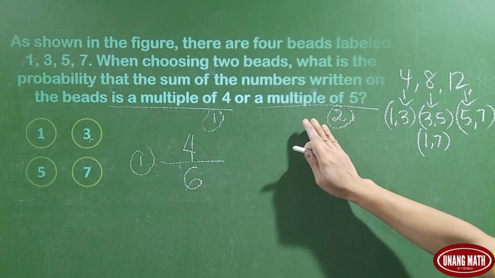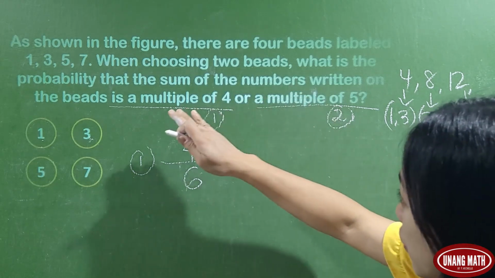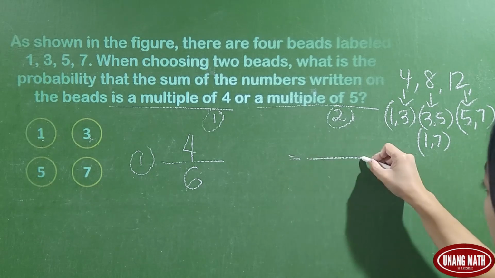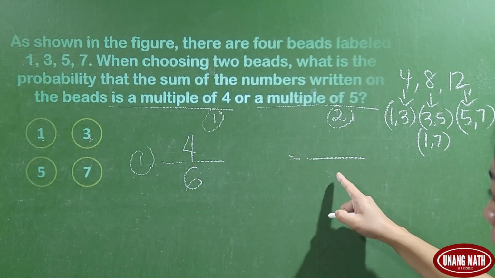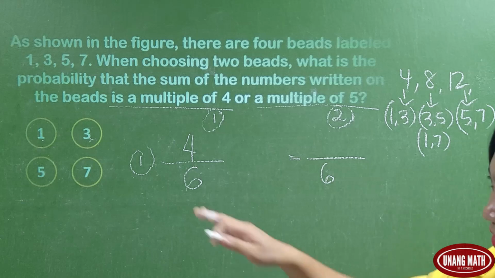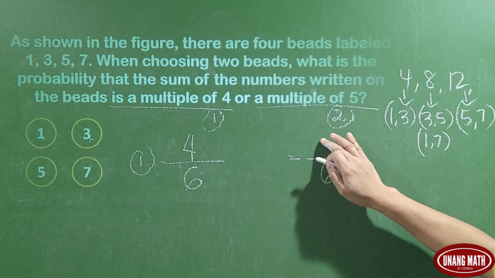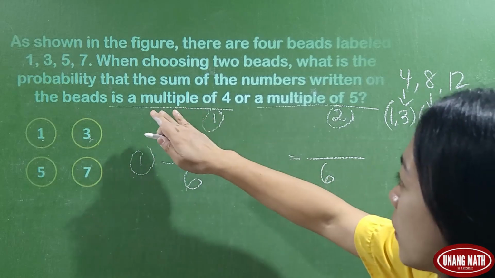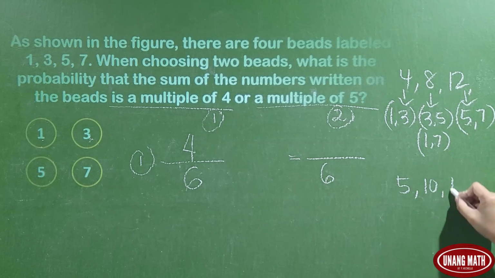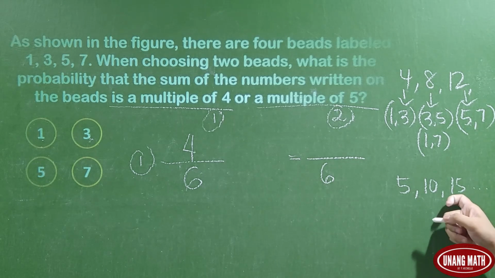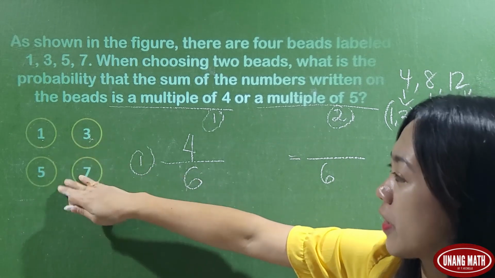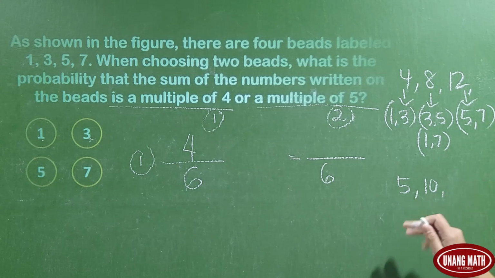What about the second event? The sum of the numbers written on the beads is a multiple of 5. For our total possible outcomes, this would be 6 also, just the same. For the favorable outcomes, the multiples of 5 are 5, 10, 15, and so on. 15 is not included because we don't have two numbers that add up to 15.